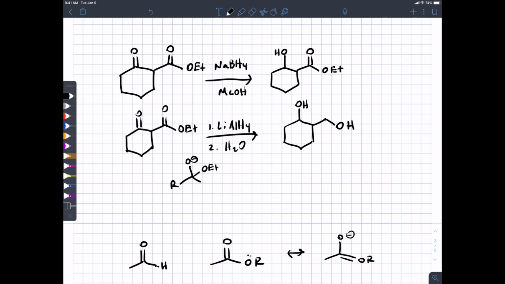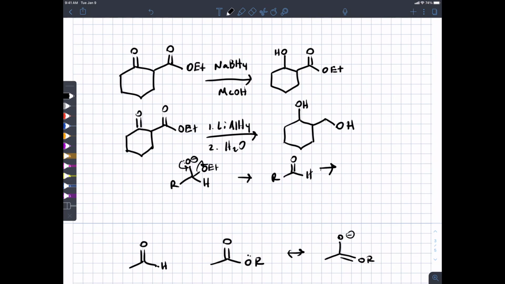Okay, give me just a second so that I can answer the question. We make the ester, it gets reduced, it gets converted to the aldehyde, and then we react with the aldehyde again to give you the alcohol.